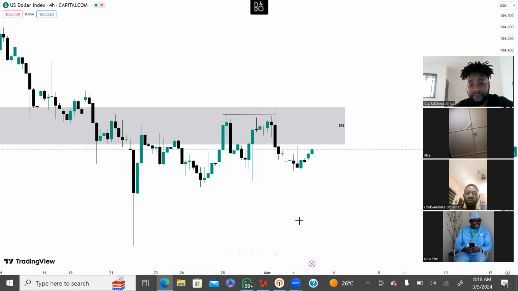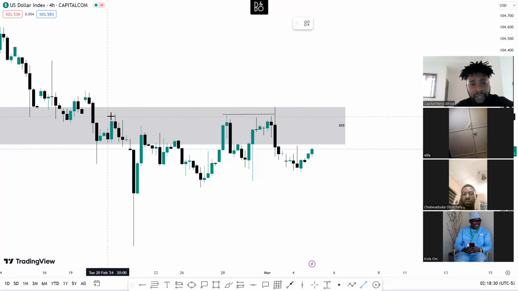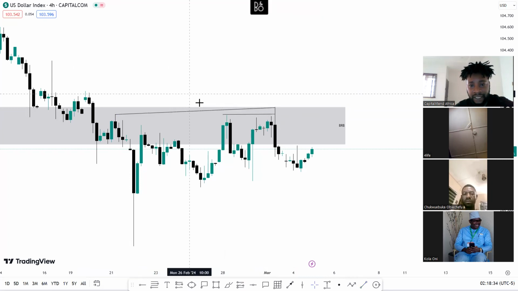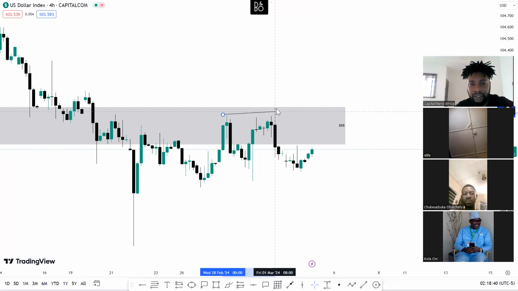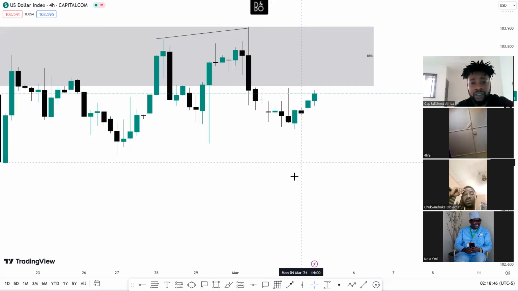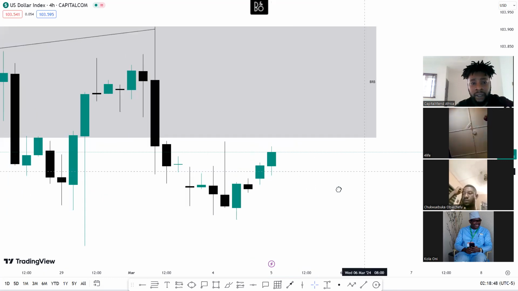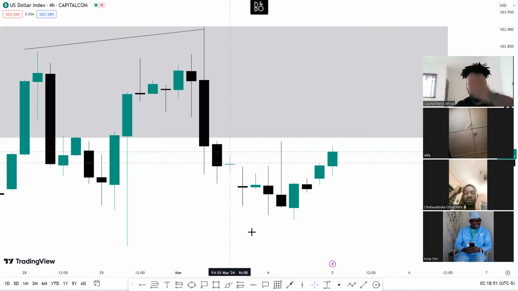Now we have this SMT here. We have this SMT, we have this liquidity sweep, and that's another SMT for us. So looking closely, I have an internal range liquidity here.